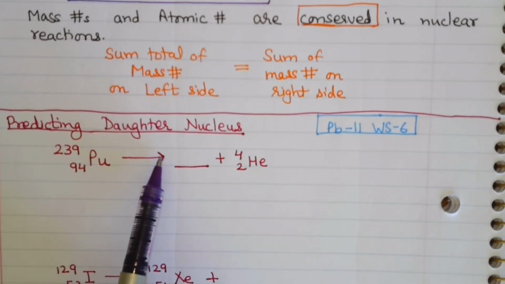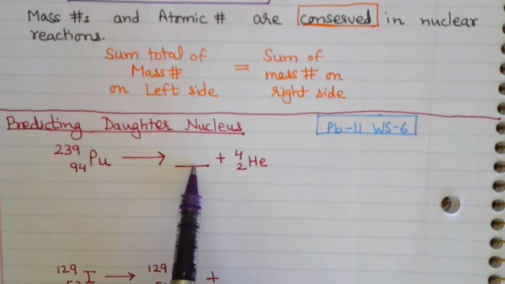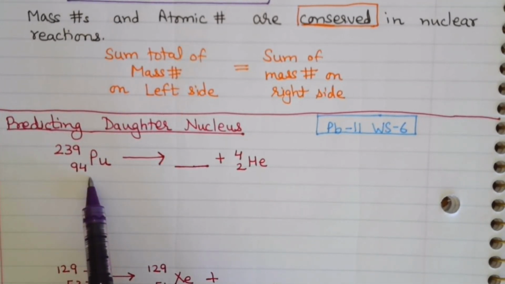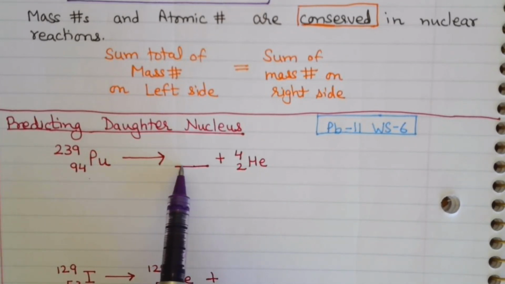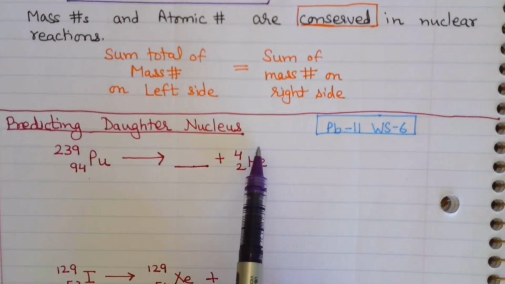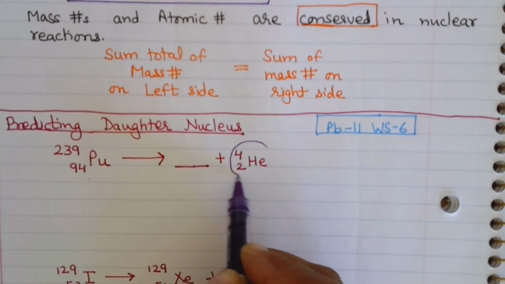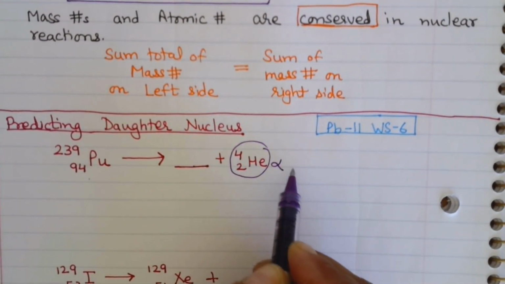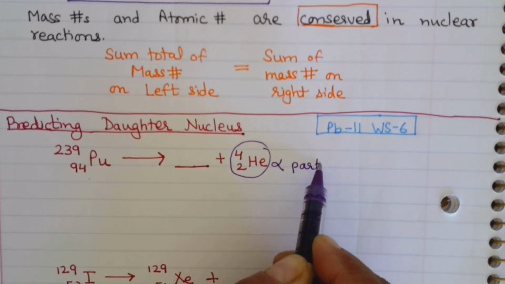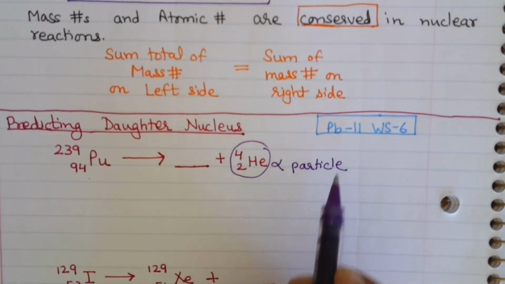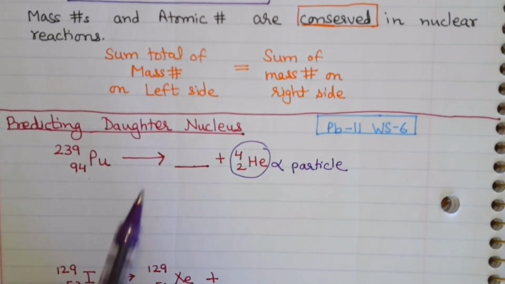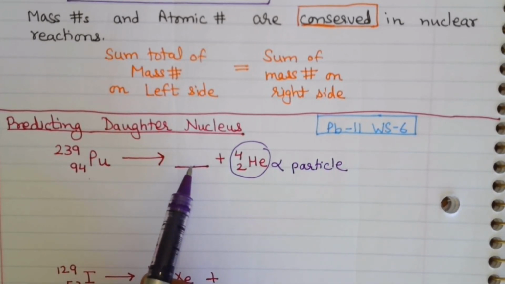That decays into a daughter nucleus, so that is our parent nuclide. It decays into some element, we don't know that yet, we have to predict that, and it gives out an alpha particle. So this is an alpha decay. Let's find out what kind of particle was emitted.